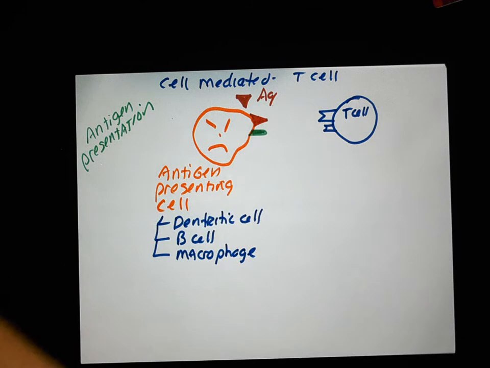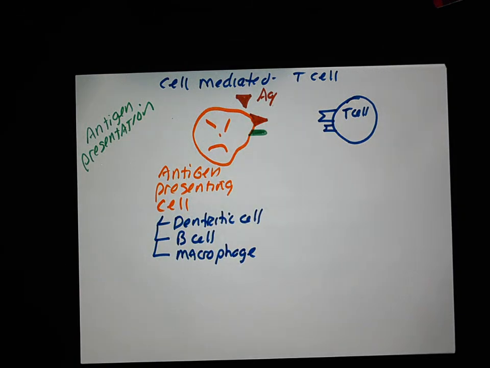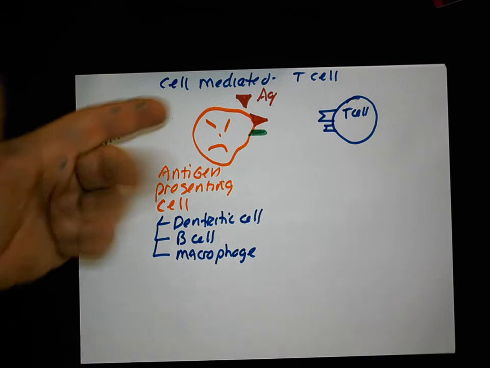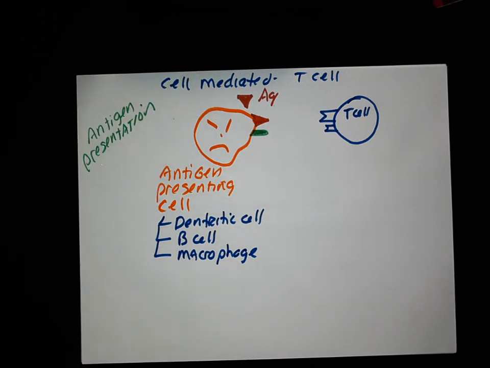Remember talking about the fluid mosaic model in NP101? This fluid can change. Well, one thing it does, you can actually get the antigen and put it onto the surface of the membrane. Now if you look, you've got two proteins, two particles sticking out of the membrane.